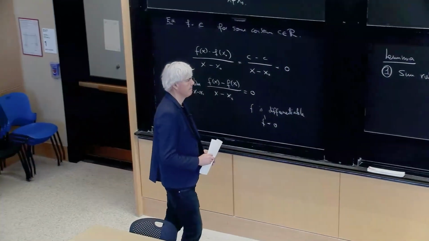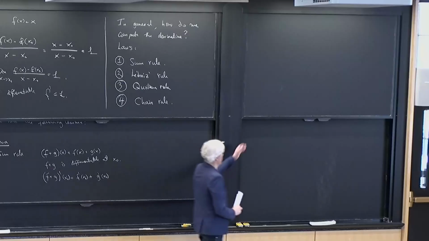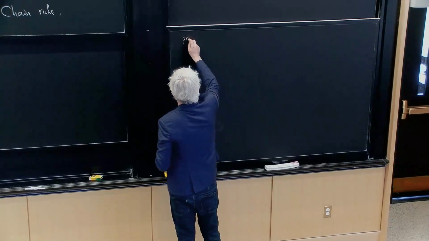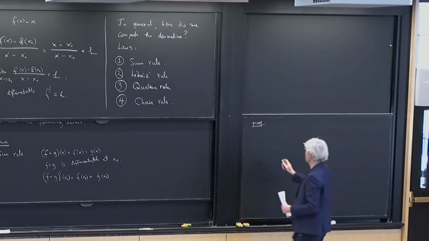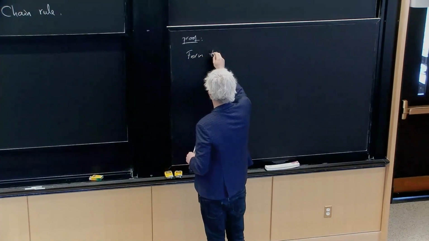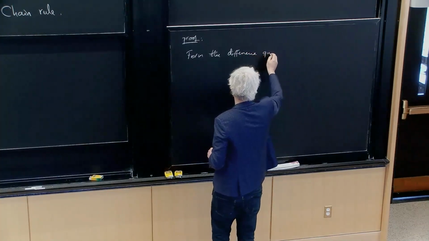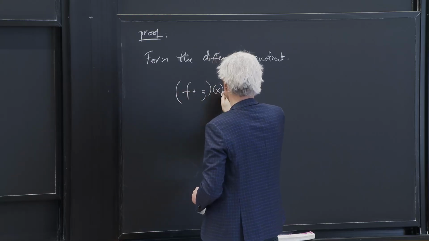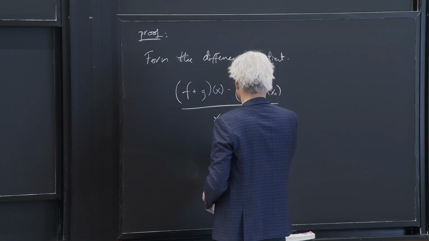Okay. Let me prove this one right away. So let's prove this. We are going to form the difference quotient: f plus g at x minus f plus g at x0, over x minus x0.